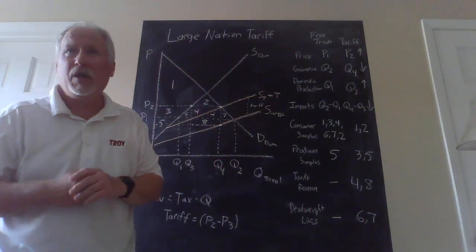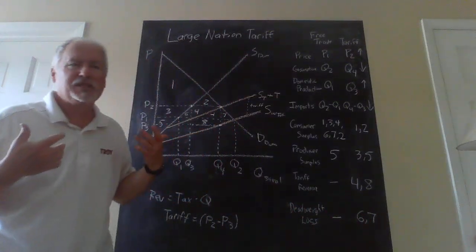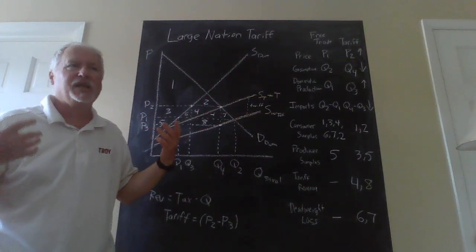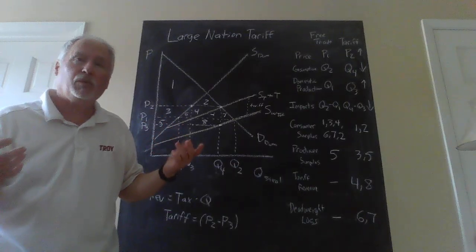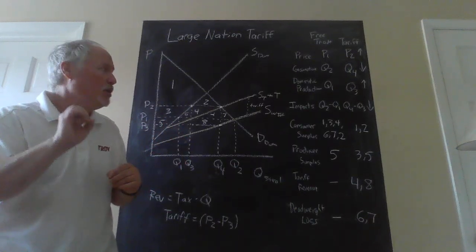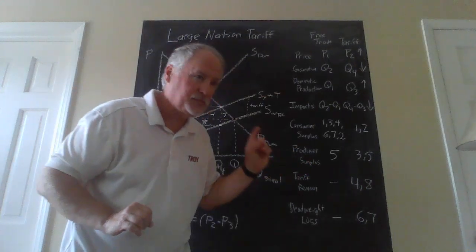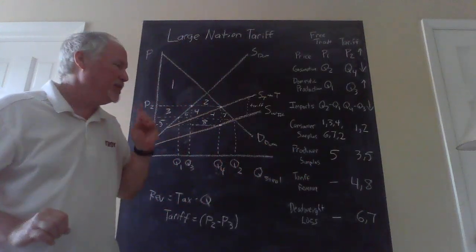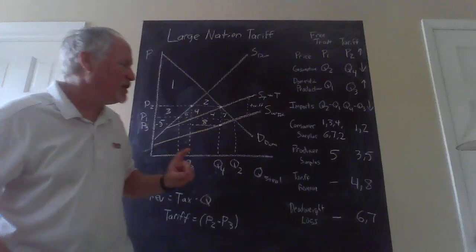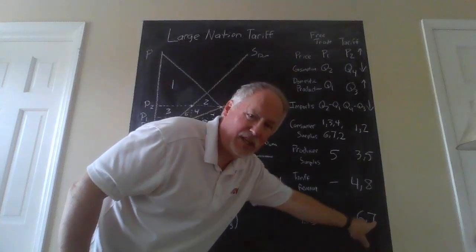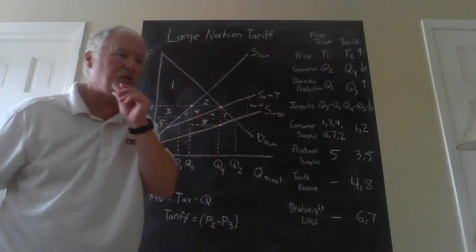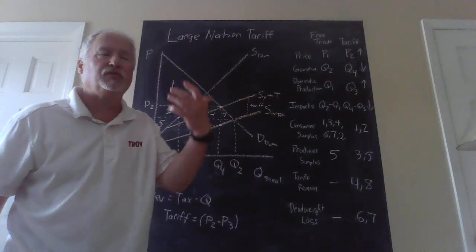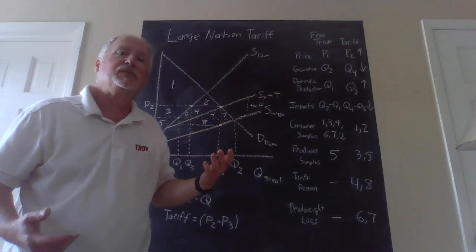So how much we want to play this up, or whether it's something that you can actually exploit or not, is certainly questionable. But there is the theoretical possibility that the large nation could be better off with a tariff, even given the inefficiency, even given the deadweight loss, if the part of the tariff that they're able to collect from foreign producers happens to be large enough.